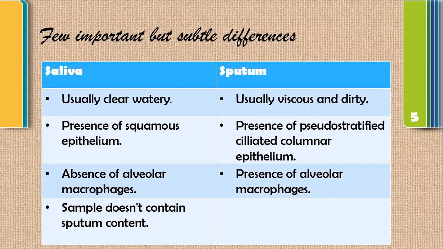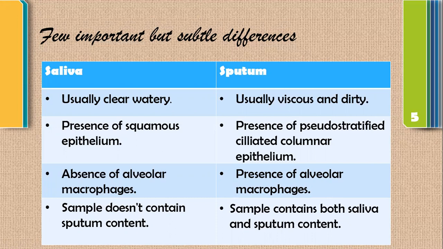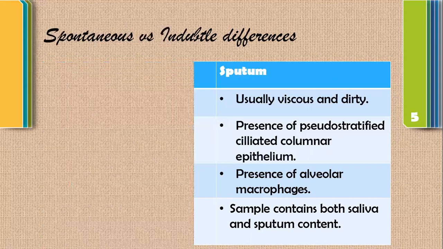The last difference is that saliva has no traces of sputum sample. However, while expectorating, sputum might be contaminated by saliva, so the sample, if it is sputum, contains both sputum as well as salivary contents. But the quality of sputum can be measured by the amount of contamination by saliva.